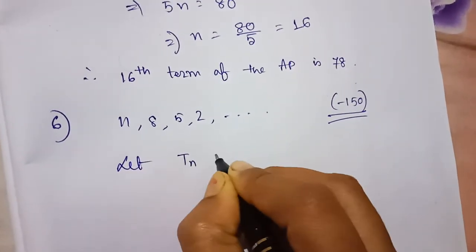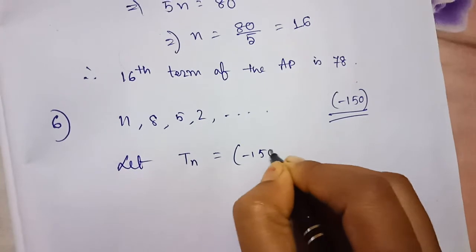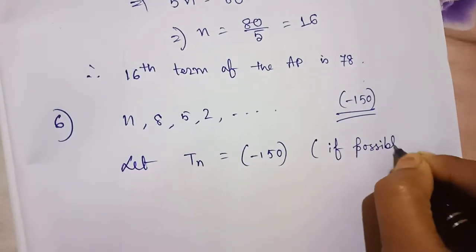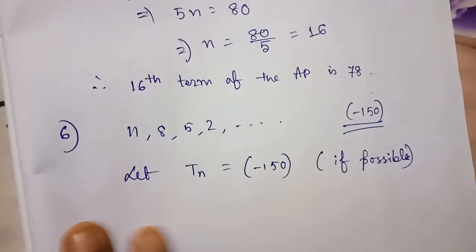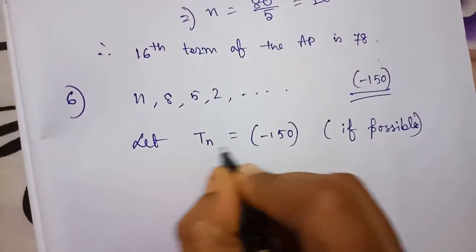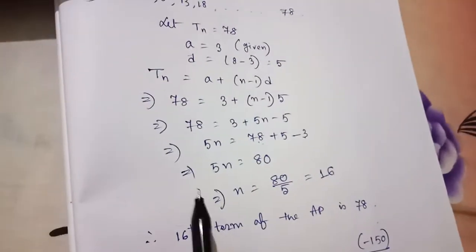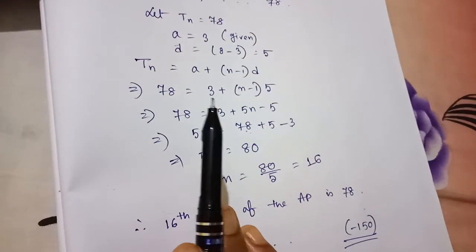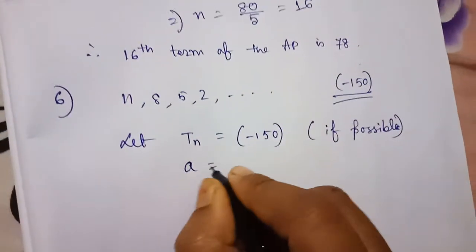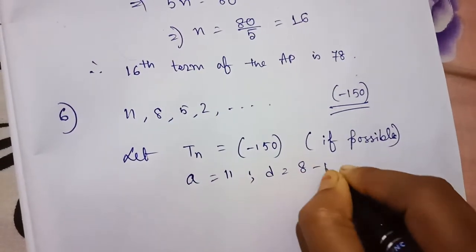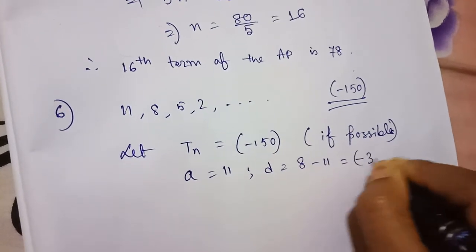Let Tn equals minus 150 and we will write here if possible. Because we are checking, we don't know whether it is possible or not. So Tn equals minus 150 and then exactly the same process as question number 4. A is equals to 11. D equals 8 minus 11, that is minus 3.